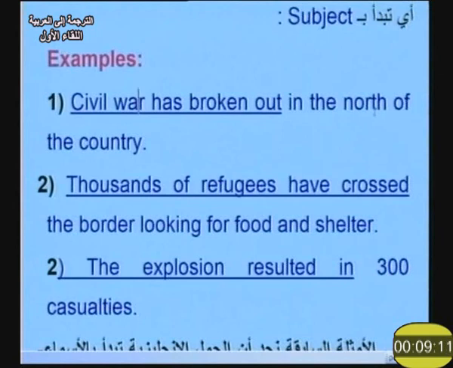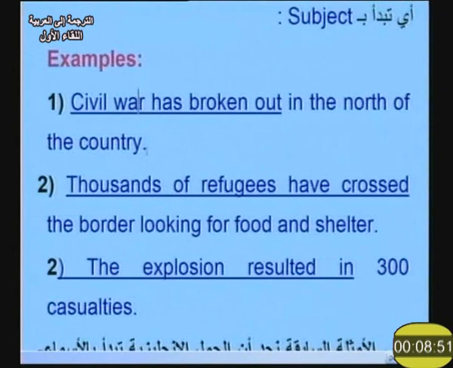North, شمال, the opposite of which is south. Please try to know these 4 directions: north, south, الشرق, الغرب, west, east. So north, south, east, and west. Civil war has broken out in the north of the country.